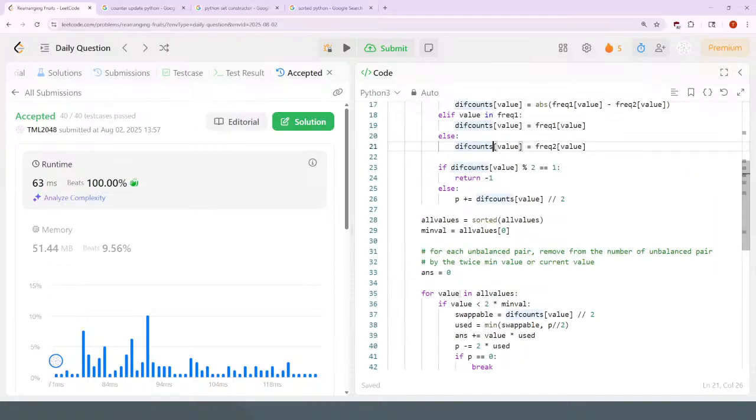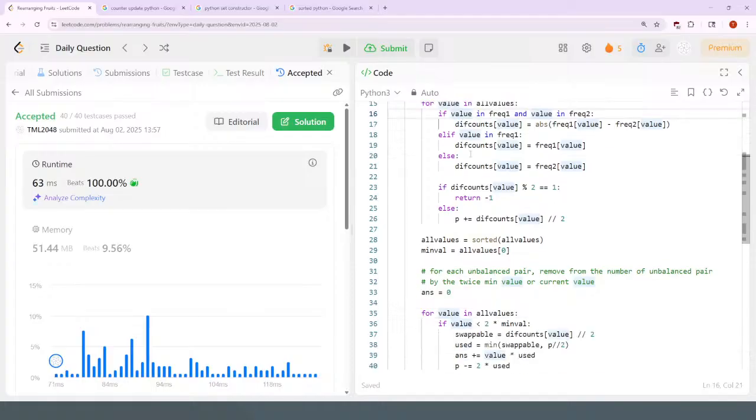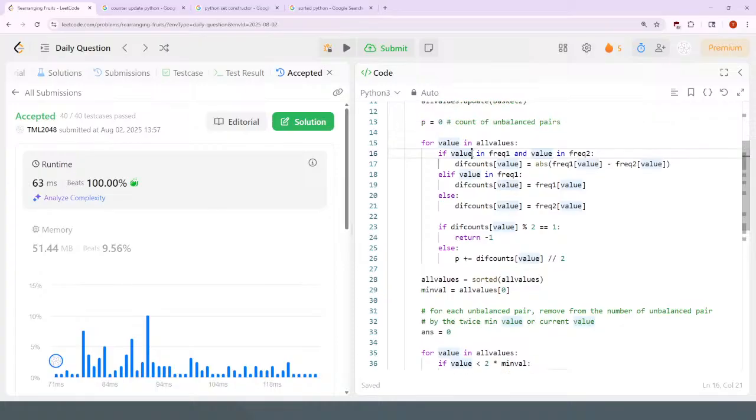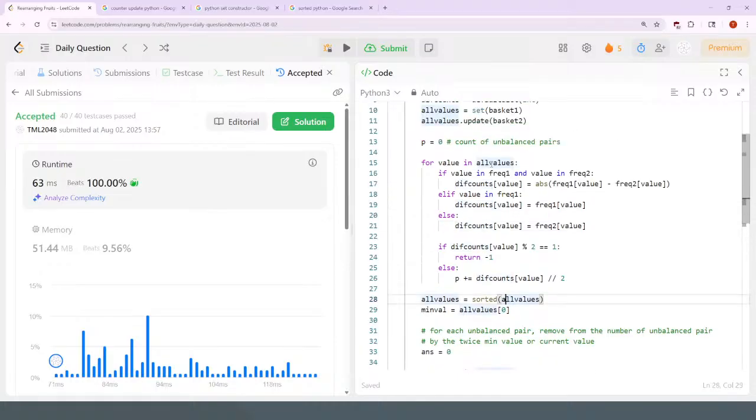Could I have done this within this as well? No, I don't think so. Actually, could I? I could sort here, set up the min values here, and then iterate.